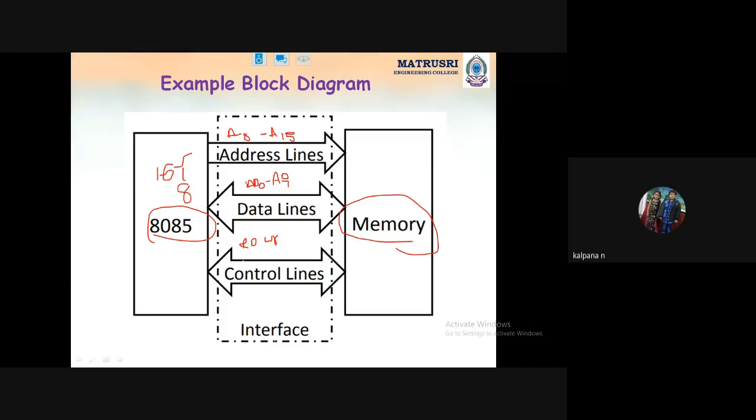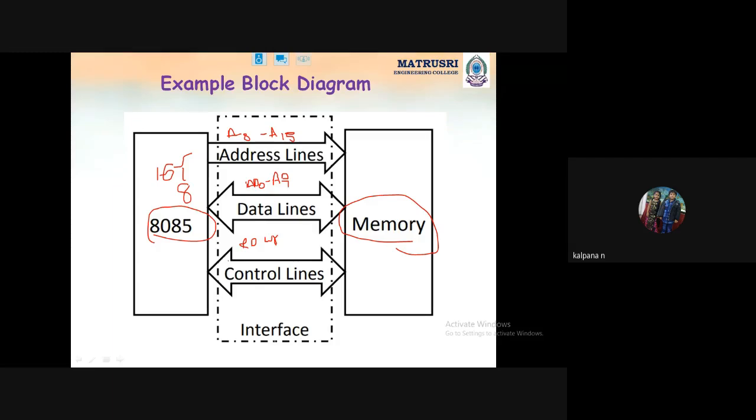Understand? So in order to interface the memory to the 8085, how many pins are we connecting? A0 to A15 address lines, a total of 16 address lines. Next, 8 data lines, connected directly from the 8085 to memory.